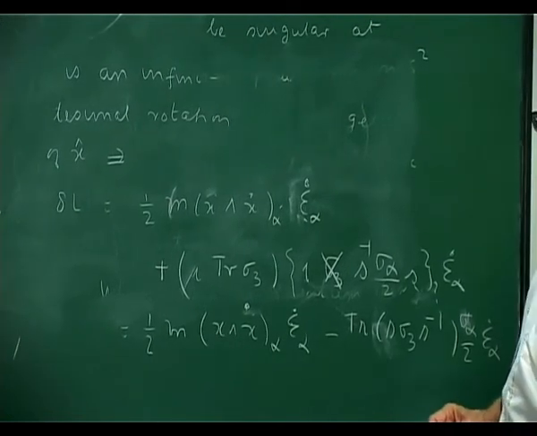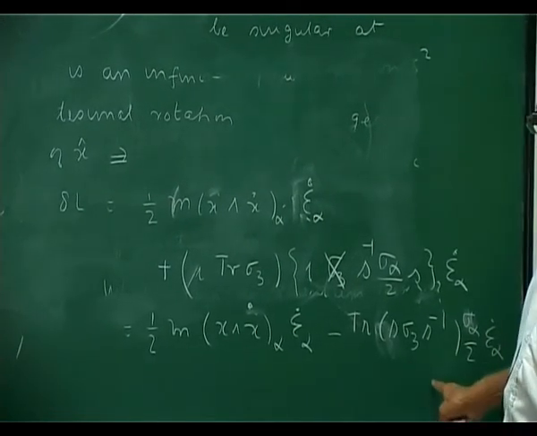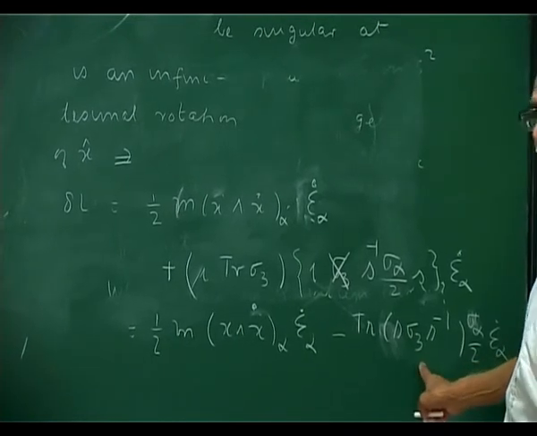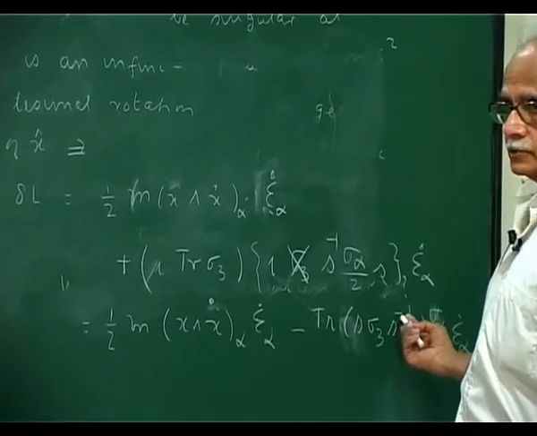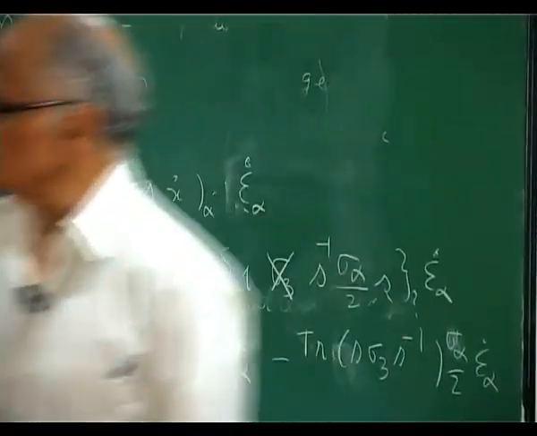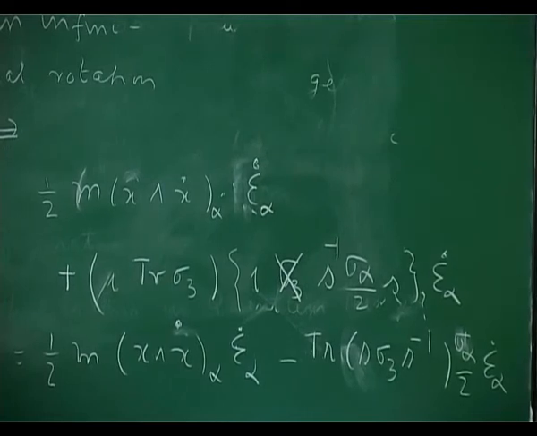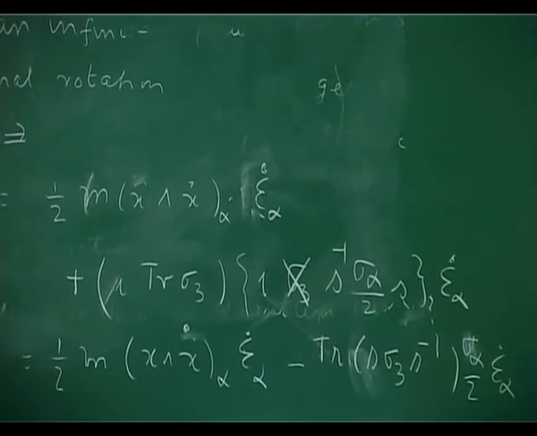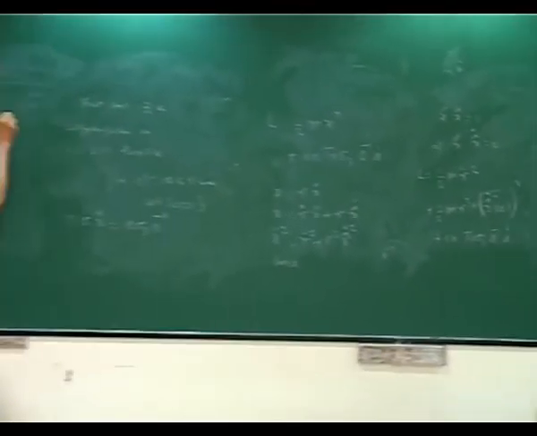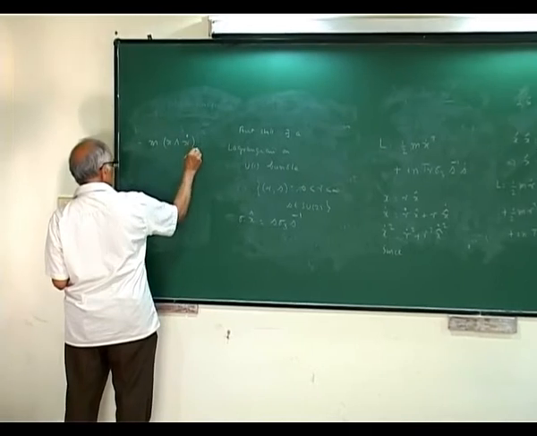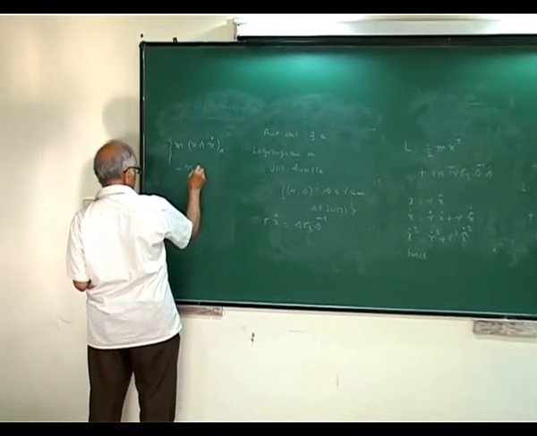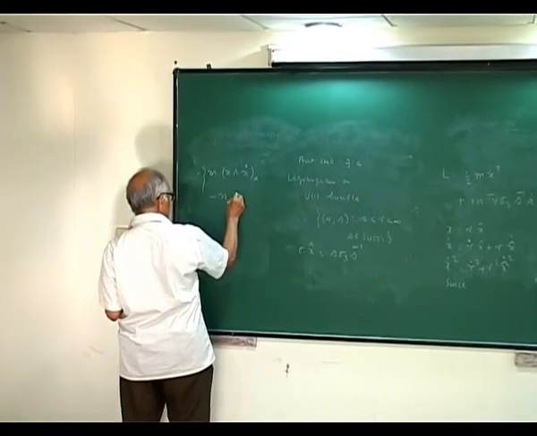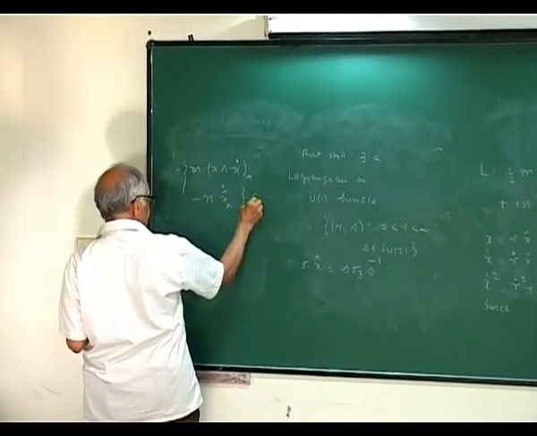Yes, this is the extra contribution. This is sigma dot x hat, and I am projecting with the sigma alpha over 2. So the last term, up to signs, I have not been careful about signs, is equal to m x cross x dot alpha minus n times this unit vector x alpha hat dot times epsilon alpha dot.